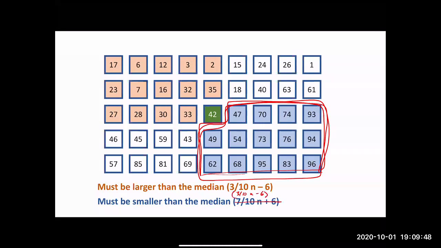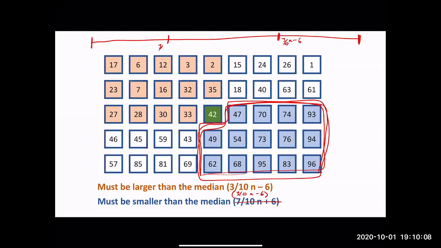But look what happens: let's imagine the array as a single dimension again. So we have basically 3/10 n - 6 at each extreme that the median must be larger than, right? So this value has to appear from here to here.